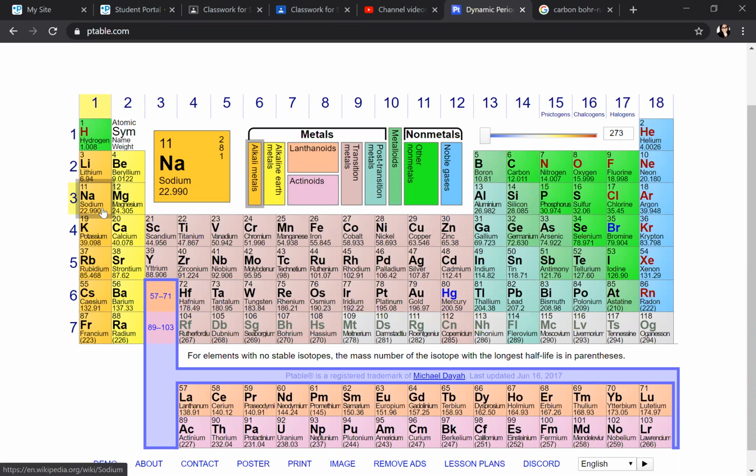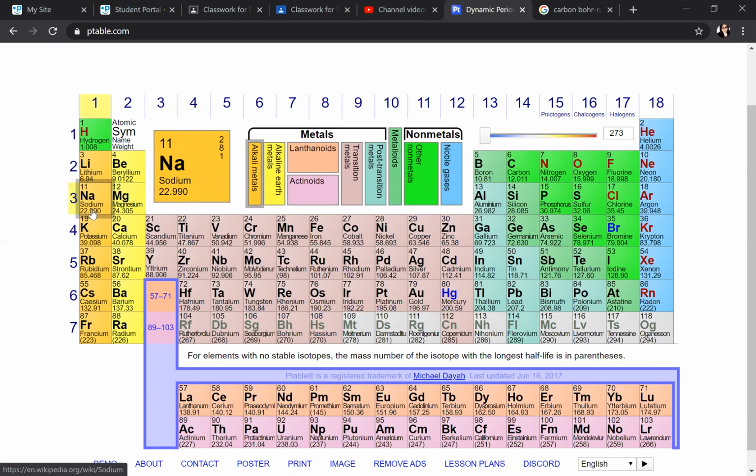So sodium, Na, has atomic number 11, and this is a good one to show you how to round up the numbers. We have atomic mass of 22.99. You can round this number up to 23. So it's easy to do the math in your head, and also you can work with the whole numbers, right?